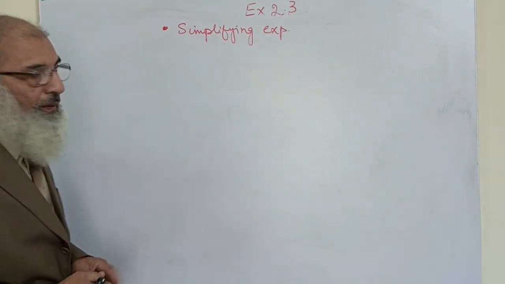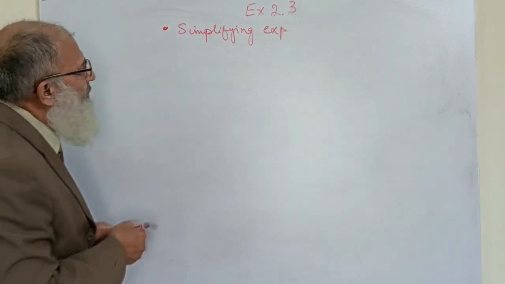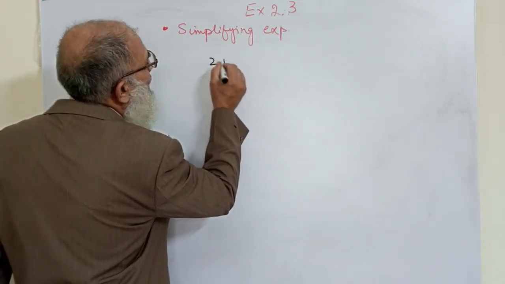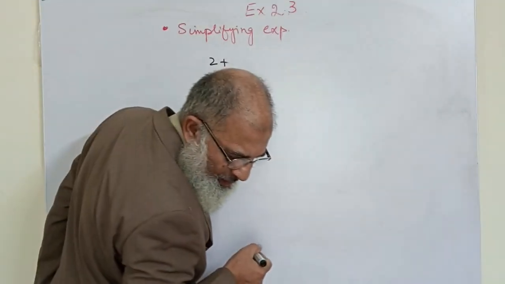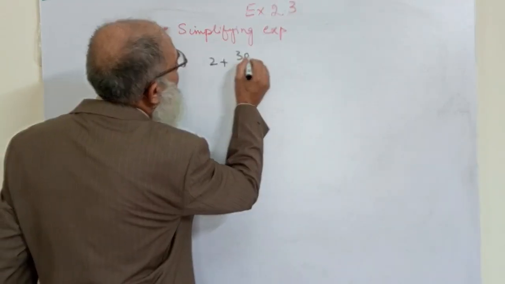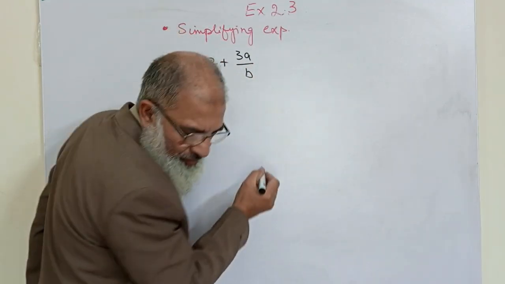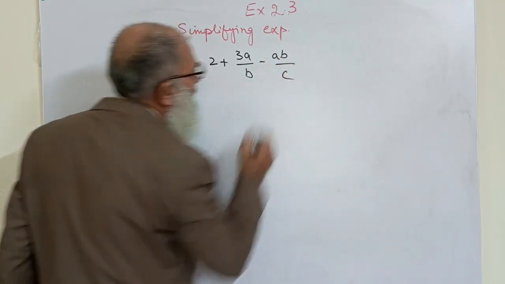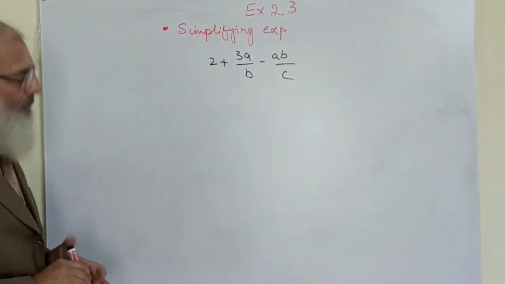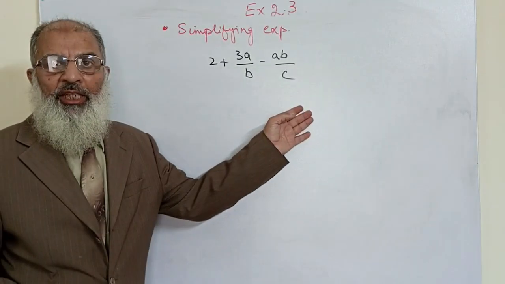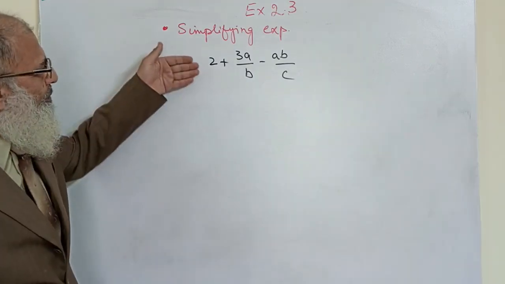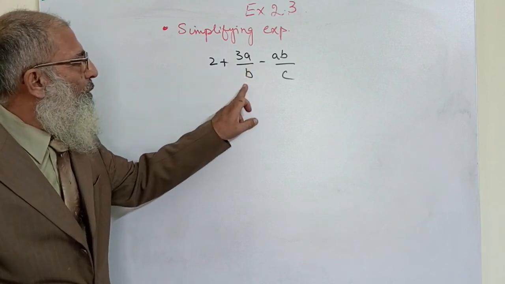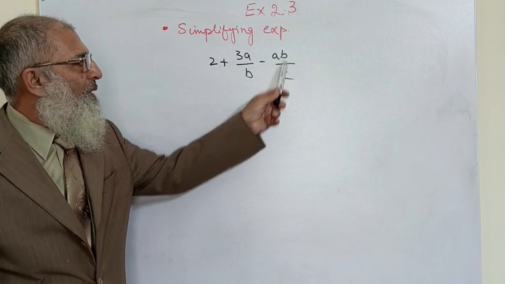Now you see that if we have an expression which is written like this, 3a upon b minus, now this is an algebraic expression as you know, but there you can see the three parts: 3a upon b and ab divided by c.